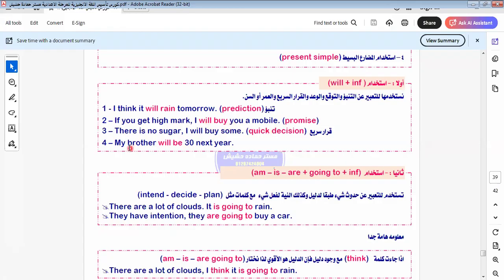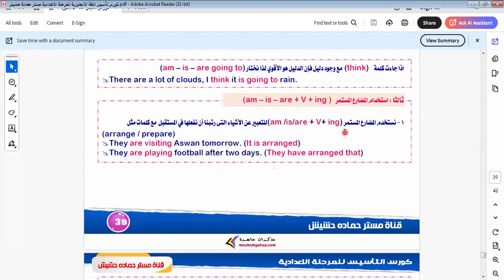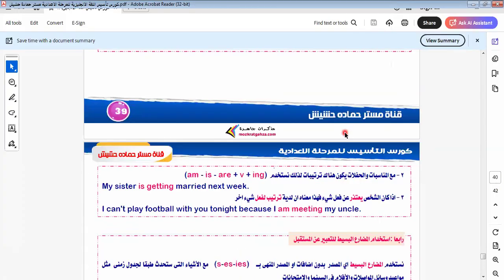So here we have will. There is no sugar. I will buy some. This is a quick decision. Here is: my brother will be 30 next year. So all these sentences express the future form. I would like you to know the keywords of the future form.